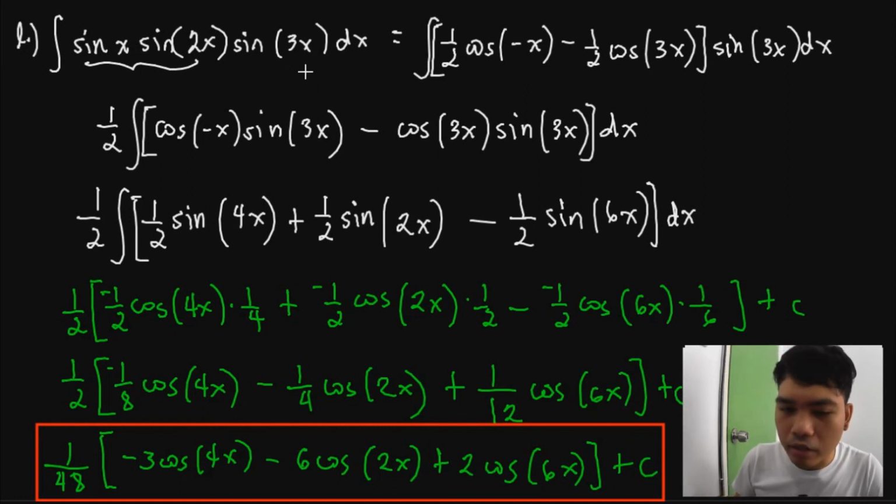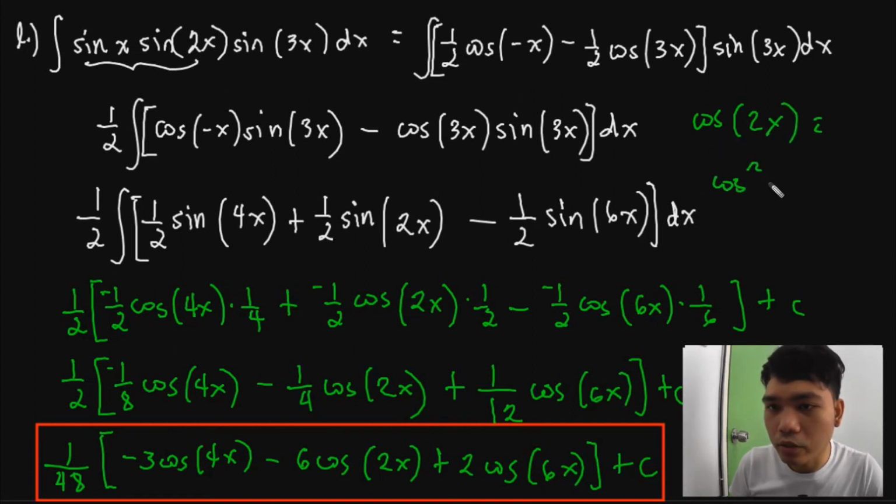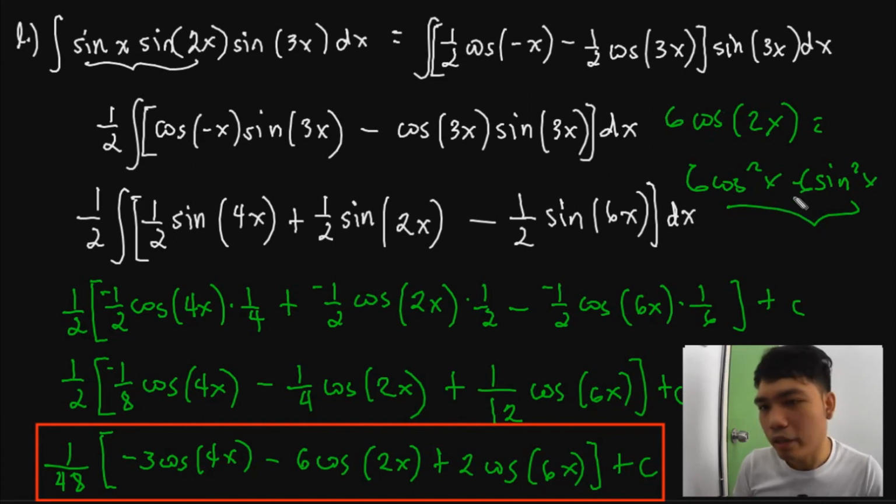What I mean is, kahit halimbawa itong 6 cosine 2x, just take cosine 2x. 'Di ba alam naman natin na equivalent itong cosine 2x is cosine squared x minus sine squared x. So, if ever na may gantong result, and then nakamultiply ito sa 6, di ba, alam naman natin na this one is still the same as this one. So, magkaiba sila talaga ng form, pero same lang din naman sila.